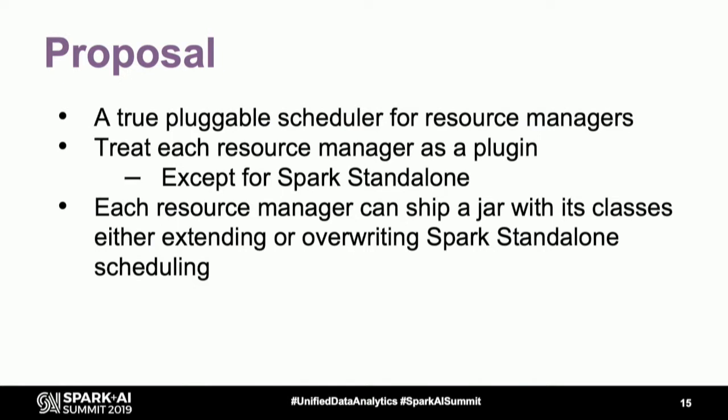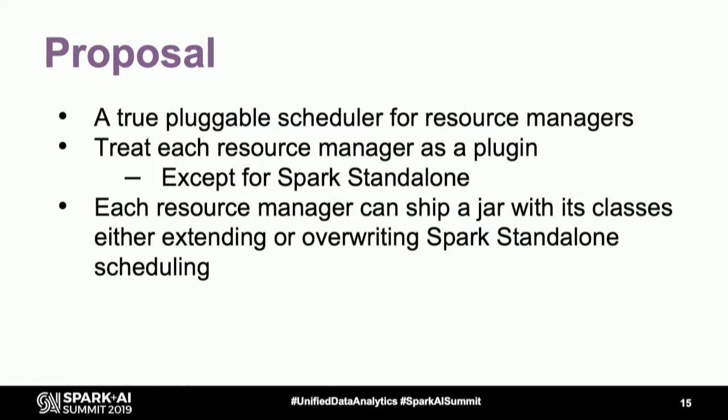It's being built a lot and constantly changing. The one exception to this is the Spark Standalone scheduler. It can always ship with Spark. It's always built to be the standalone testing scheduler that you use. So that should be there. And a lot of the other resource managers actually use code from Spark Standalone.